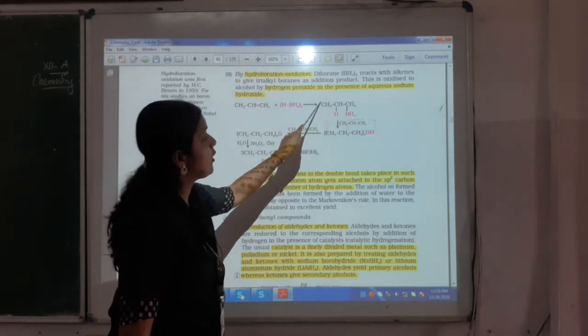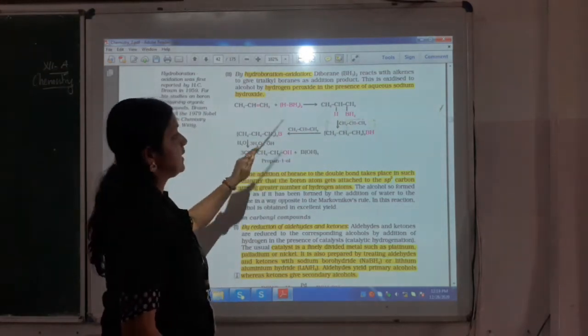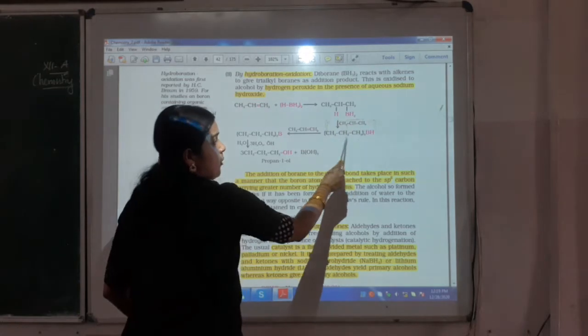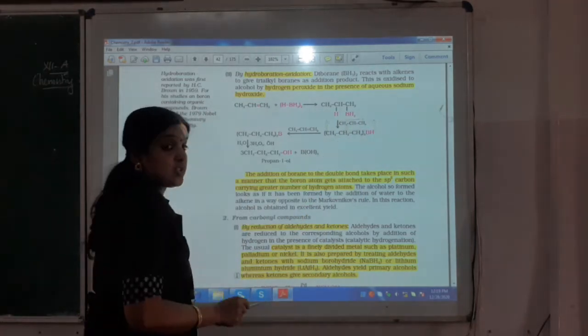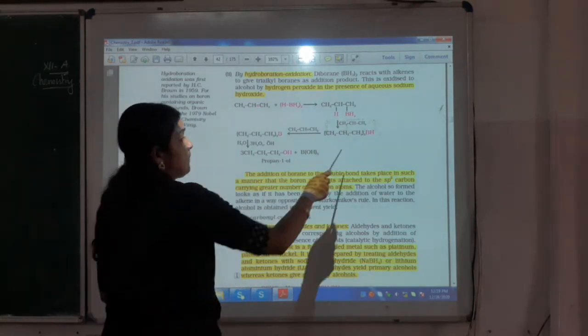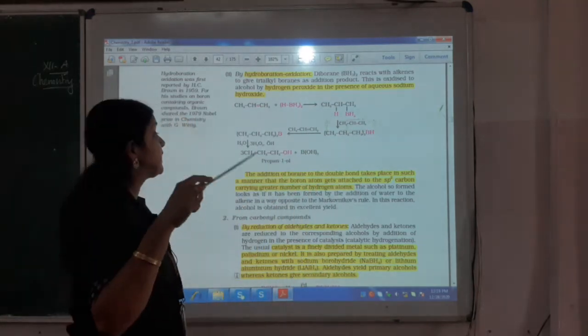Again, when this molecule reacts with propene, you get two propene molecules with BH. That is, BH2 becomes BH. See what is happening in the B. The number of hydrogens gets removed.